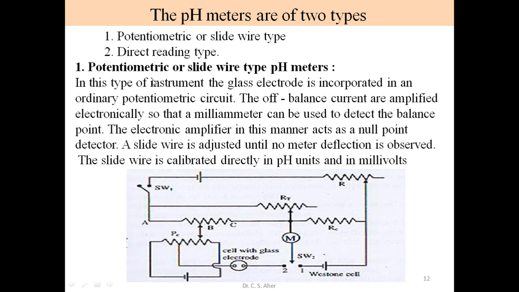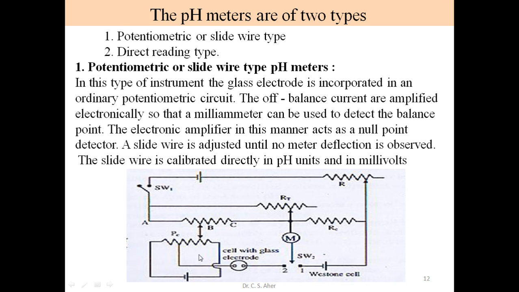In this potentiometric or slide wire type pH meter, the glass electrode is incorporated in an ordinary potentiometric circuit. See here, this is the cell with a glass electrode, connected with a circuit.